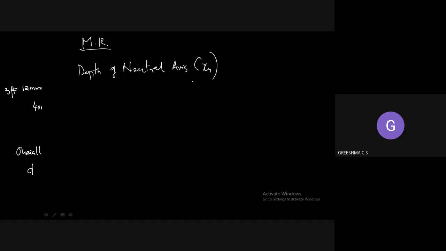So xu is equal to 0.87 fy into Ast divided by 0.36 fck into b. That is the equation for the depth of neutral axis. So you don't have to worry about this. This equation is also available in the IS 456.